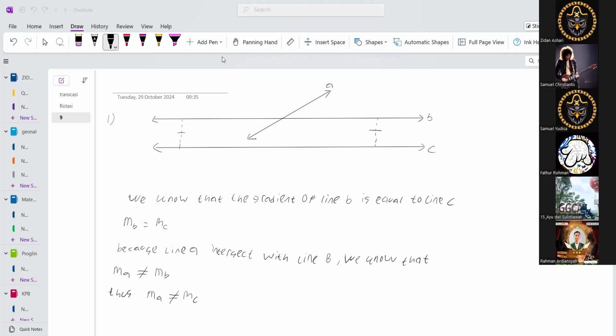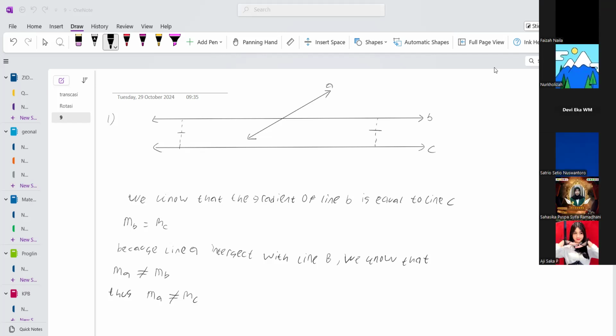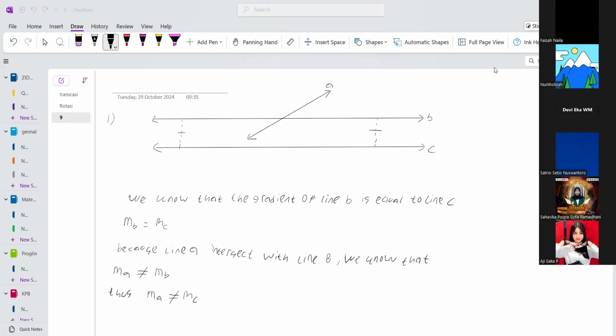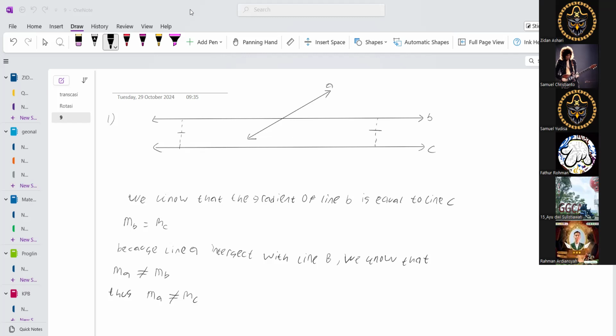Is my answer correct, Samuel? Okay, Zivan, thank you. Your answer is correct. And next answer. Thank you for your contribution to this. May you send your answer to the group, please? Let everybody know. Okay.